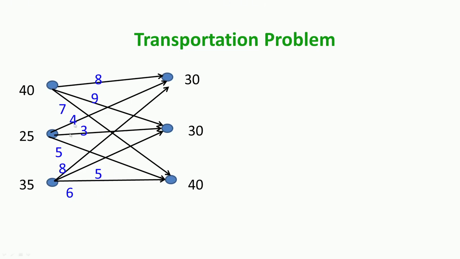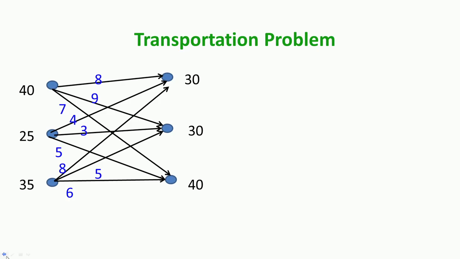Now, the transportation problem talks about transporting a single commodity or a single item from a set of supply points or points where the item is available to destination points or demand points where the item is required.